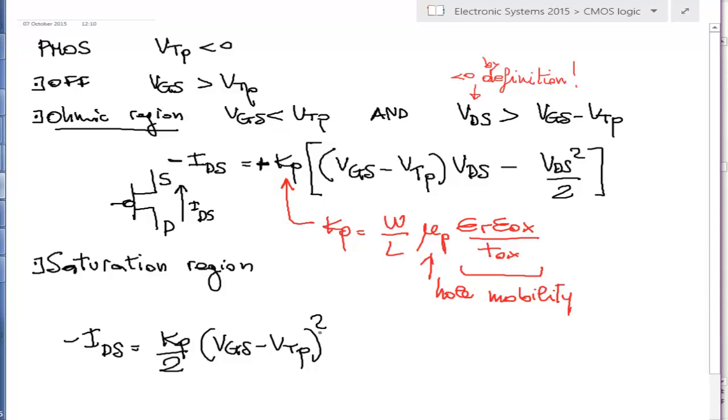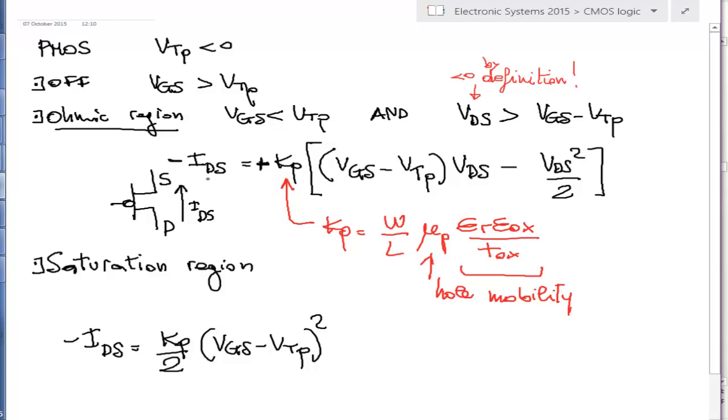So, another thing that you probably know, for the inverter, but also for the other CMOS logic gates, is that we have a perfectly symmetric behavior between the pull-down network and the pull-up network. And there's a simple thing that we can do if we want to maintain a symmetric behavior between the low state and the high state of a logic gate.